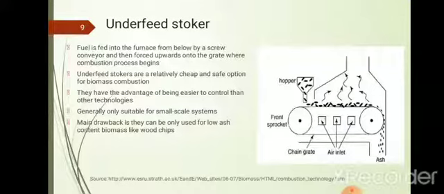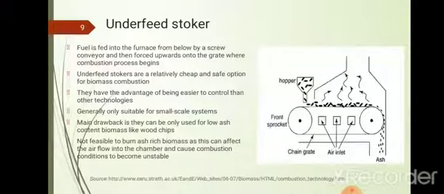It can be used for biomass like wood chips, whose ash content is comparatively less, but you cannot use this for, say, biomass like sawdust or some other biomass which has a high ash content. So it will be unstable if you are using an ash rich biomass. There will be insufficient airflow and the combustion will be unstable.